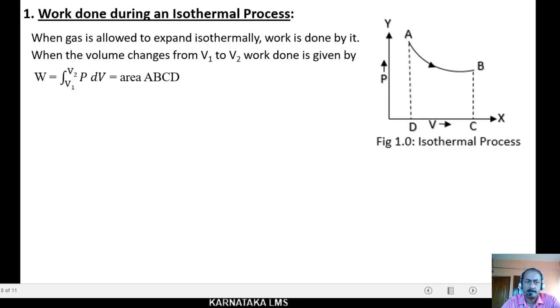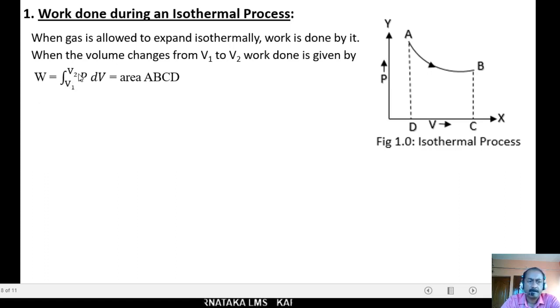When the gas expands isothermally from volume V1 to V2, the work done is given by the formula work done equals P into dV, that means the product of pressure and change in volume.